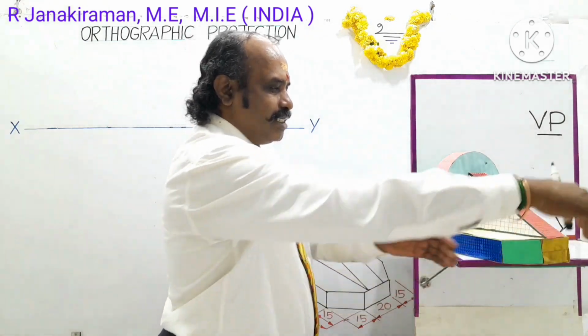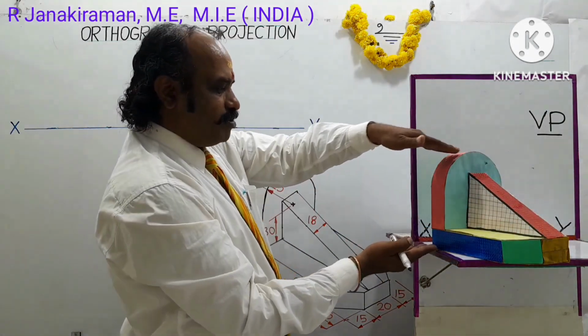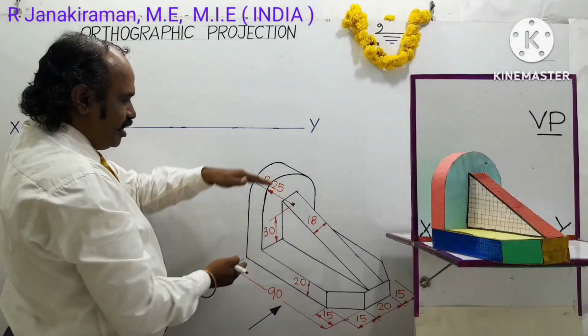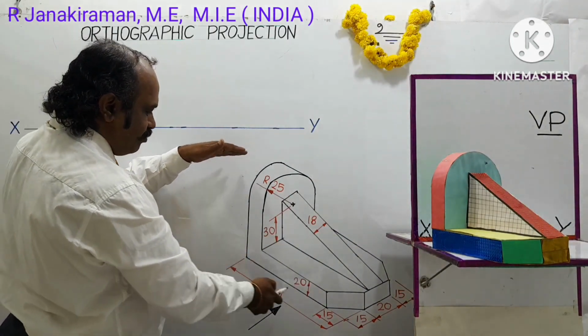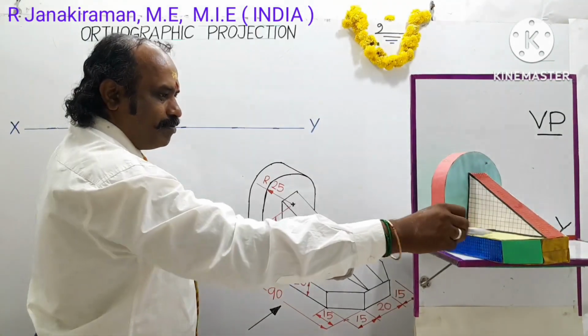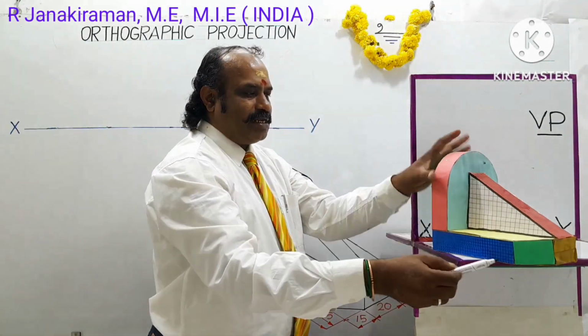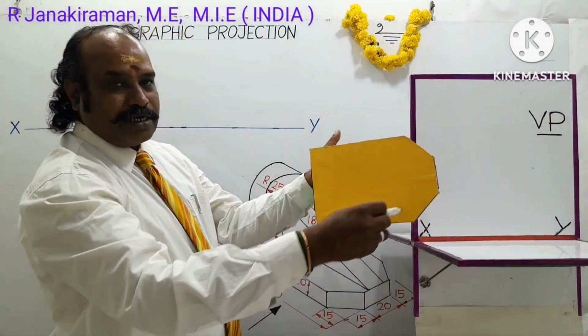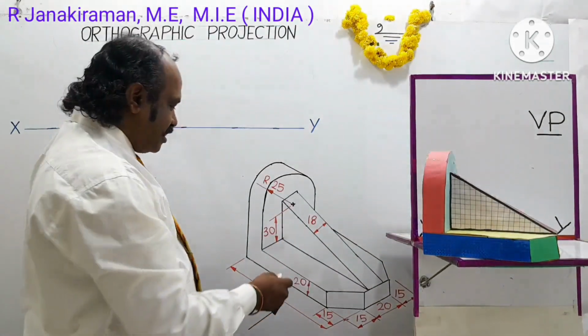This is length, this is breadth, and this will be the height of the object. So the height of the object will be this distance. You have to add the base thickness as 20 mm. This part is called the base part, base surface, top surface, and this is the bottom of the base, shown yellow in color. Base thickness is 20 mm.